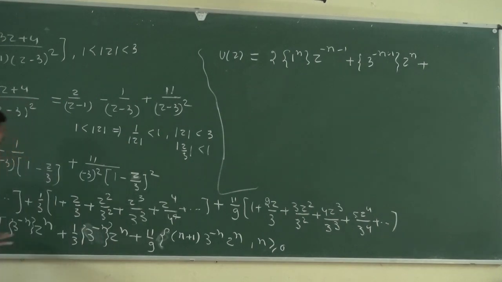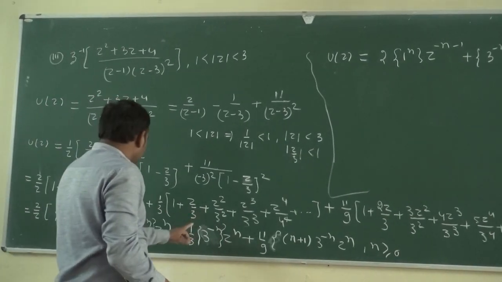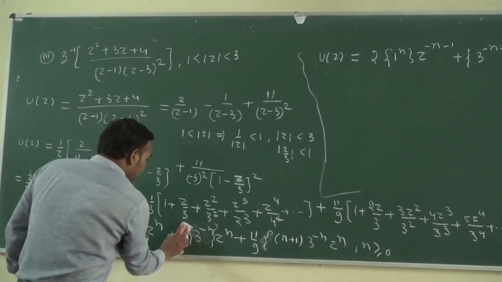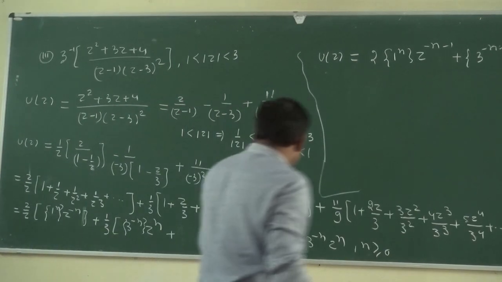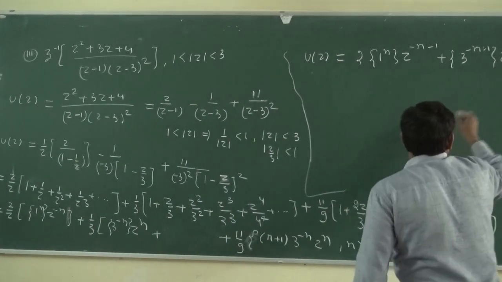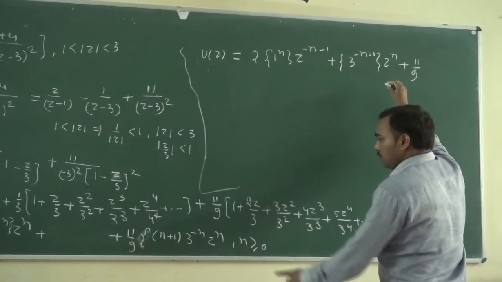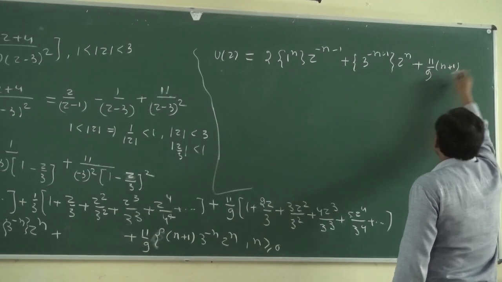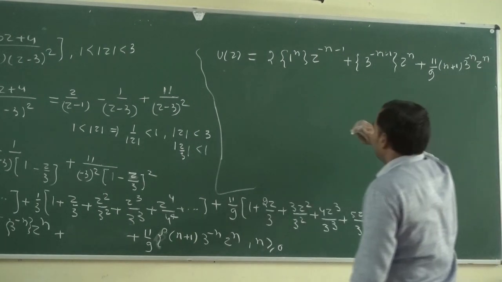Here you see, this is for this term, and this for this term, and this is the extra term, so plus 11 upon 9, n plus 1, 3 to the power minus n, z to the power n.